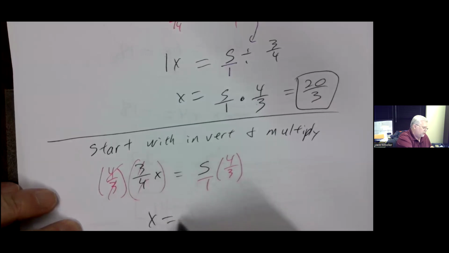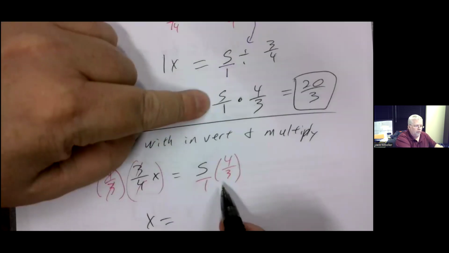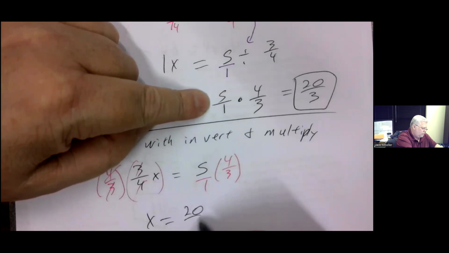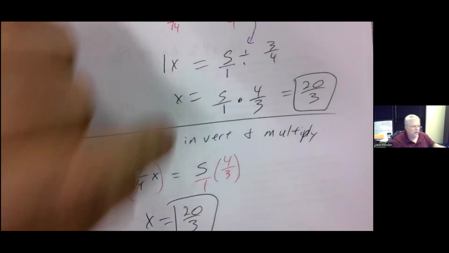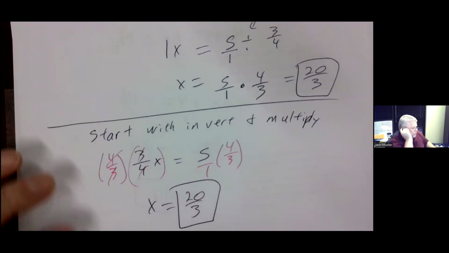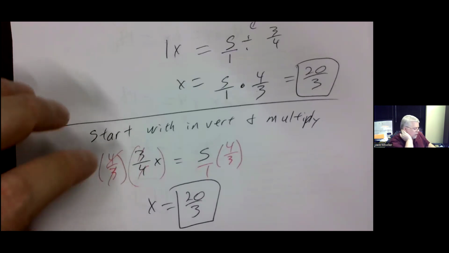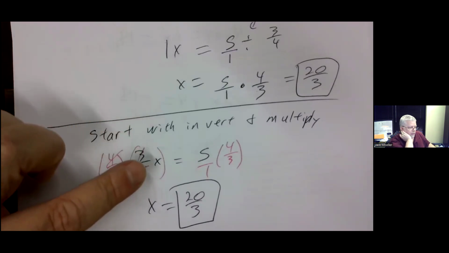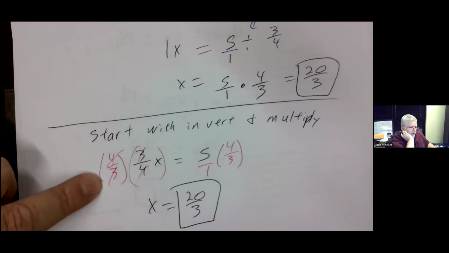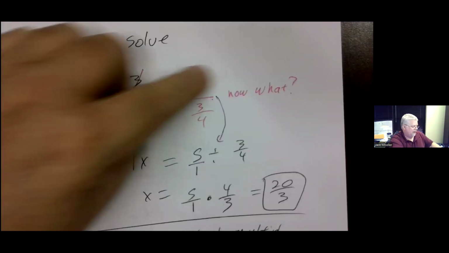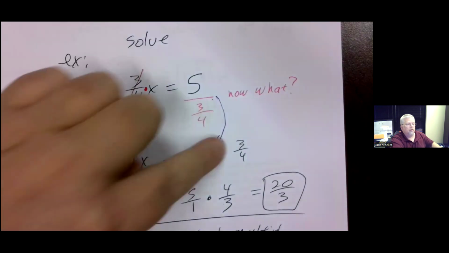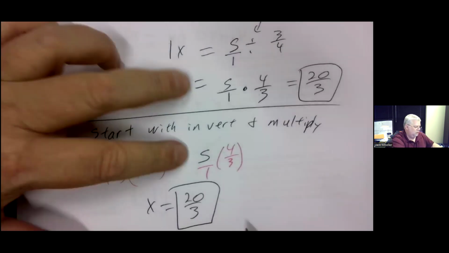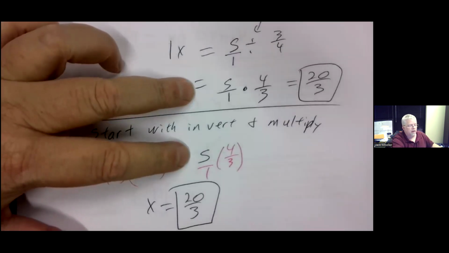Over here we get x. Over here, we're right back to what we did before, and that's our answer. So if there's no adding or subtracting, and you have that fraction multiplied times your x, just start with invert and multiply. That basically lets us bypass all of that, because in the end, we're getting to the same exact process.